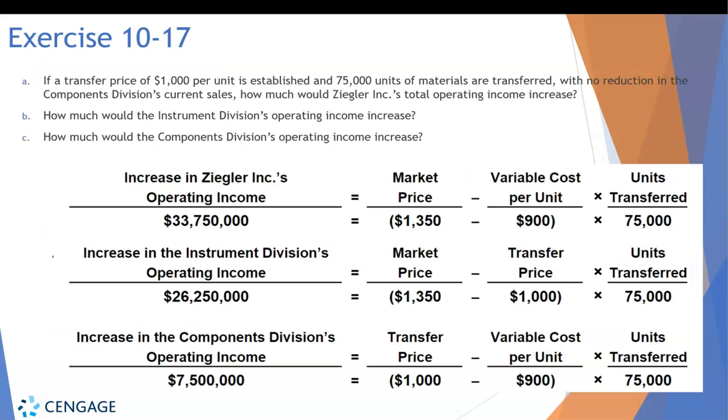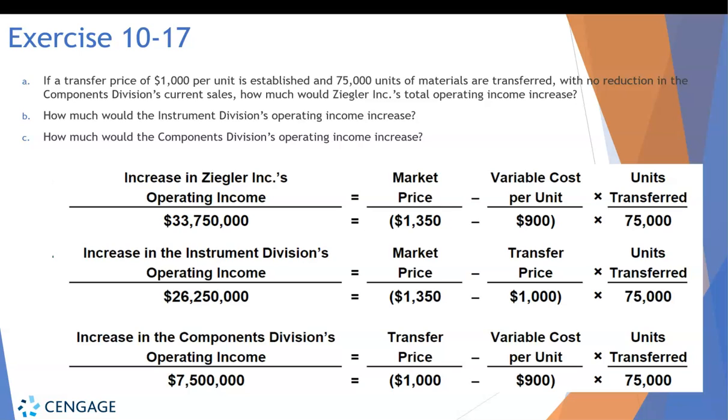So as you see here, the overall Ziegler's operating income would increase by $33,750,000. You take the market price minus the variable costs, and at 75,000 units, that would be our increase.